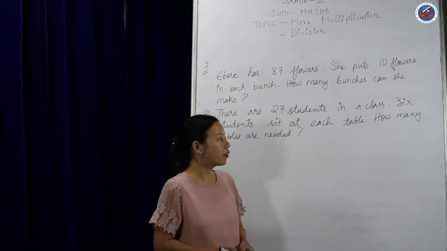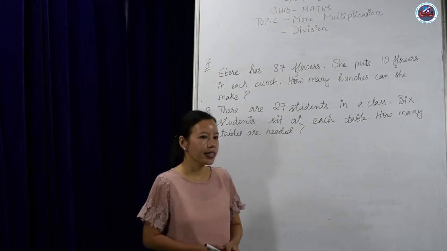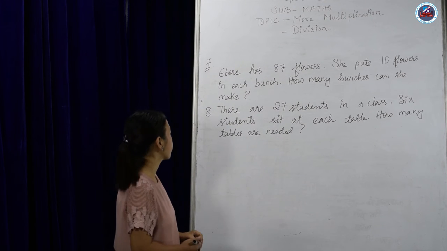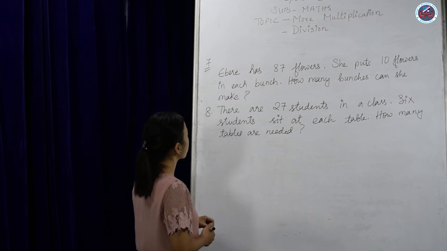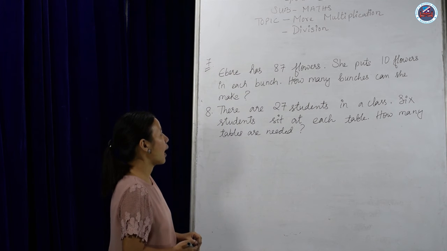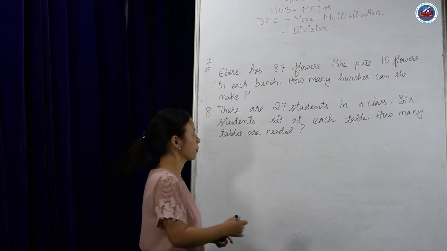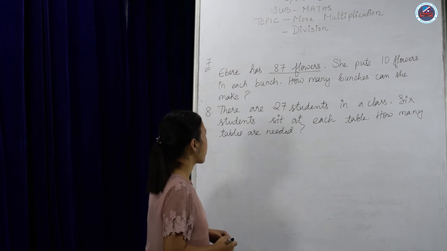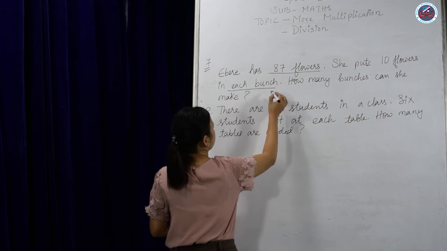Now let's do some of the word problems from your exercise. That is 7 and 8, which is taken from your exercise only. The first question says, Ibir has 87 flowers. She puts 10 flowers in each bunch.